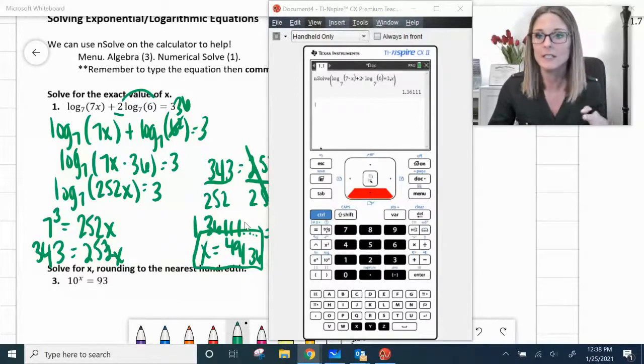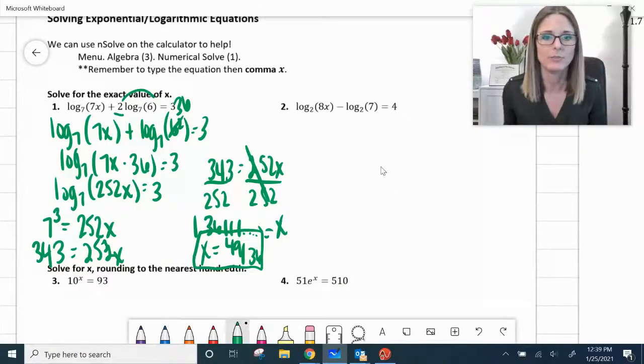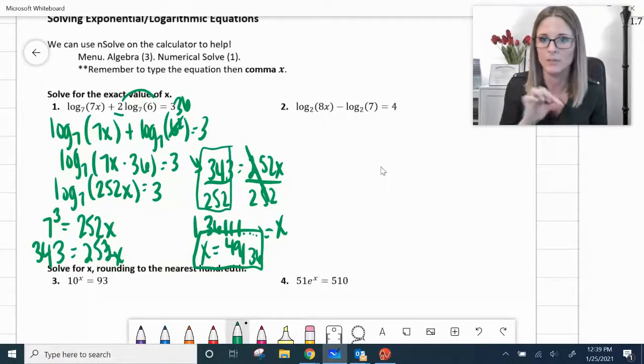Now on Delta Math, it will accept your decimal form. If you have any troubles with that, let me know. So working it by hand is going to give you the exact fraction from the solving process. Let me show you. Because remember, we isolated x, and we just had a simple division of 343 divided by 252.